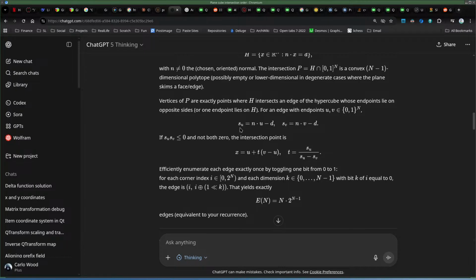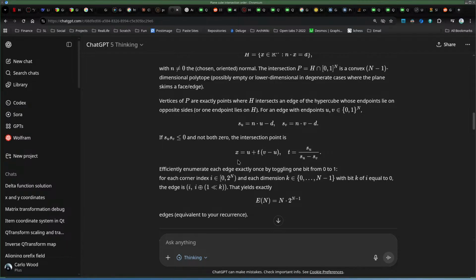So I think S stands for side. If these things are positive, then it's on one side of the hyperplane, and if it's negative, it's on the other side. So one must be on one side and the other must be on the other side. Therefore, the product must be less than 0, and both not 0. So let's leave out the equal sign.